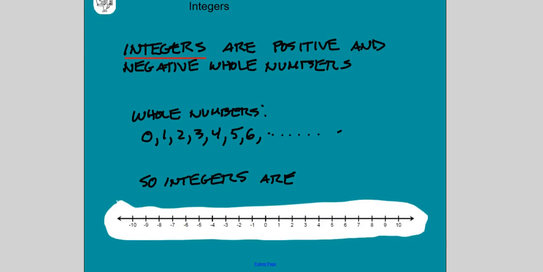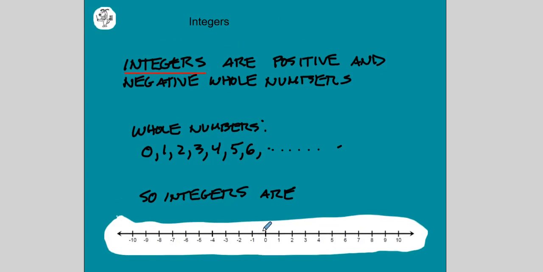So the integers are the positive whole numbers, like 0, 1, 2, 3, 4, 5, etc., and the negatives of those. The opposite of 1 is -1, then -2, -3, -4, -5, -6, -7, -8, etc., all the way out to negative infinity, and this would go to positive infinity.